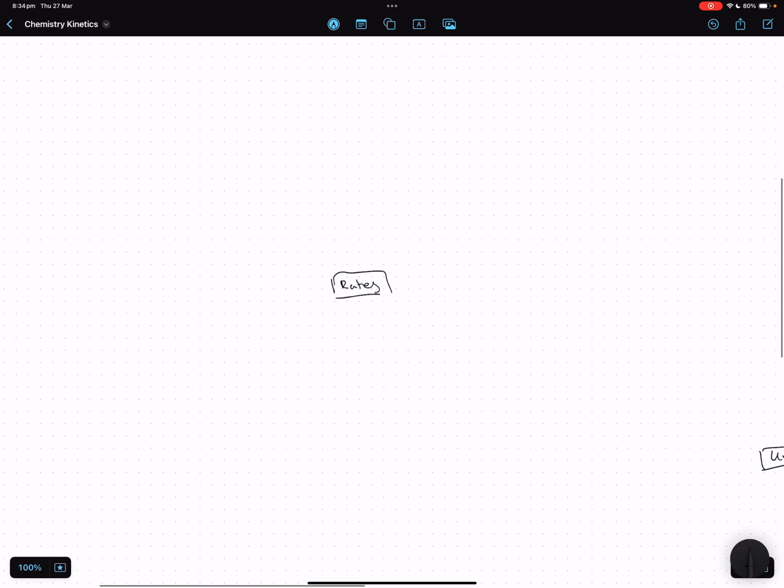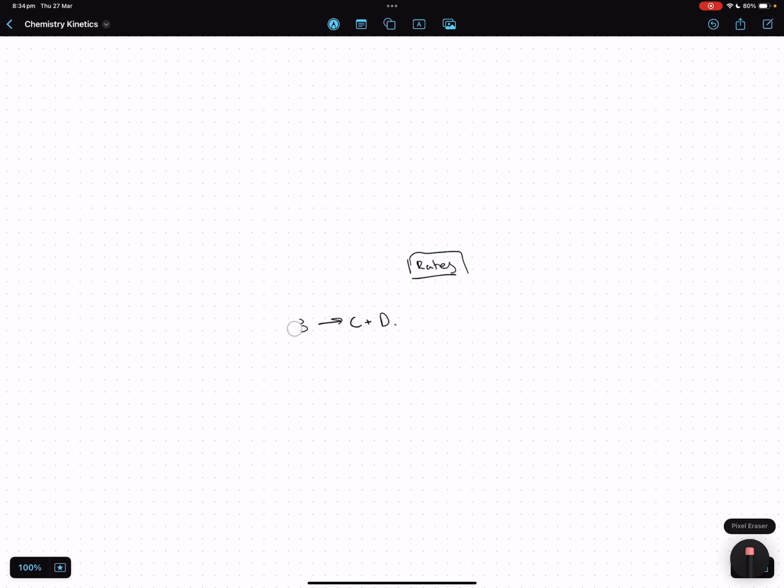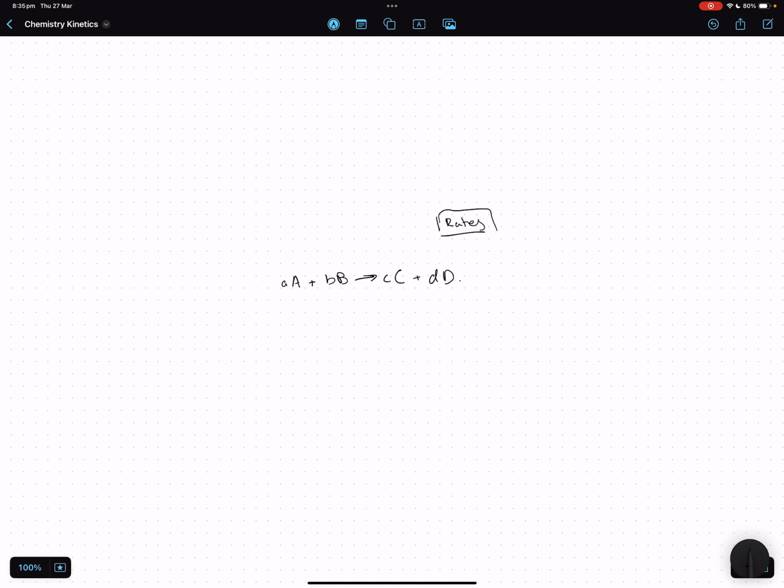So let's consider this reaction: A plus B produces C plus D. Actually, I'll write that a little better with some coefficients so it's easier to understand: aA plus bB produces cC plus dD, right? So in this reaction we have these reactants being consumed and these being produced.